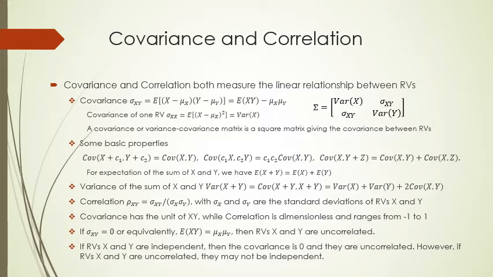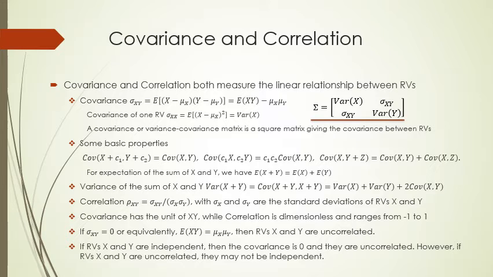This is a 2 by 2 covariance matrix between two random variables x and y. Since x and y in covariance are interchangeable, the matrix is symmetric. If x and y are independent, then the matrix is a diagonal matrix, since the covariance between x and y is 0.